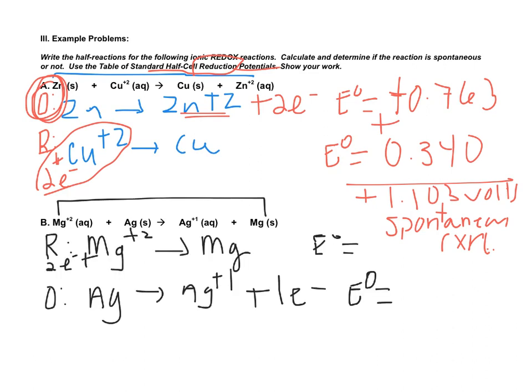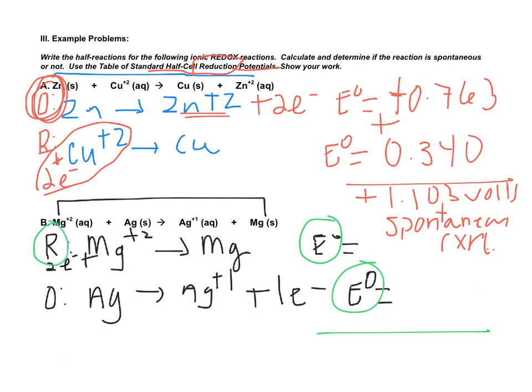All right, for the second example, I've already split my two half reactions, identified magnesium is being reduced, silver is being oxidized. I've added in my electrons, but we're not asking for an overall, so I'm not going to balance the electrons because that doesn't affect my voltage. So I want to get my potential energy for each half reaction.